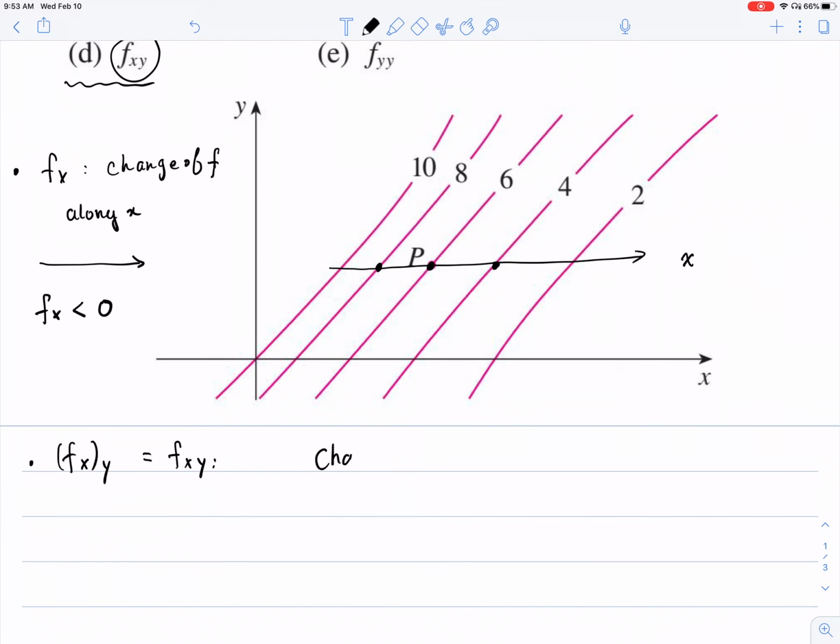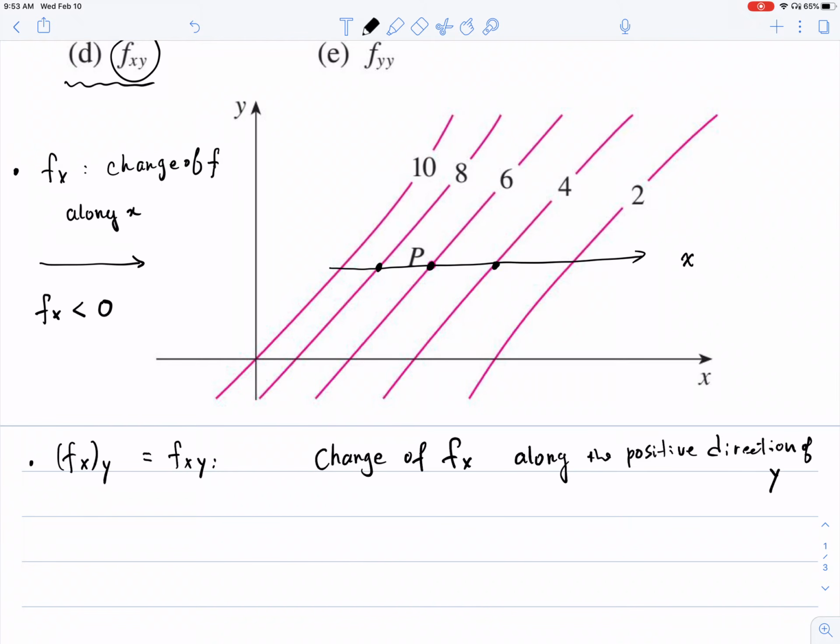So we're going to look at the change of f_x along the positive direction of y. Okay. So now we know we are looking at the partial derivative near P.